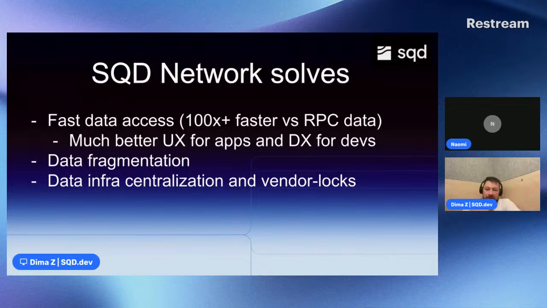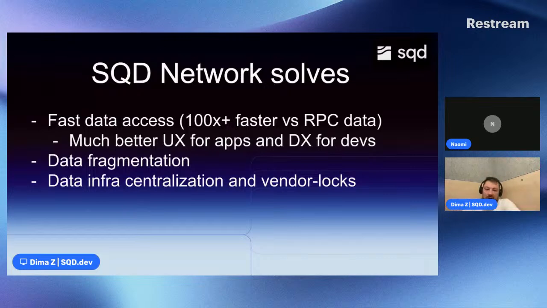Another problem that we're solving is data fragmentation, which comes from the fragmentation across the networks. We are entering a world where we have hundreds of chains, and probably we're going to see thousands of chains, and we are yet to see any way to combine this data and combine these chains to unify user experience.